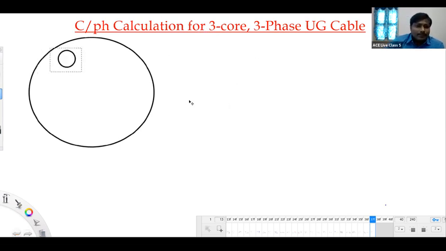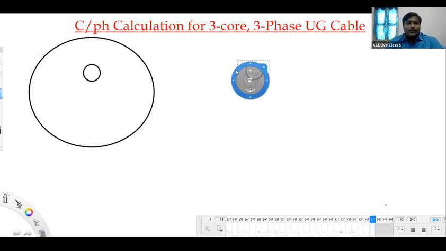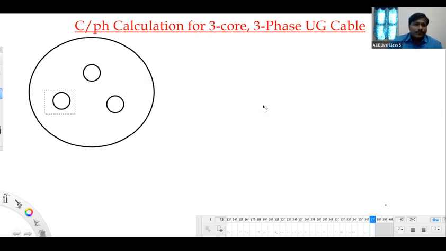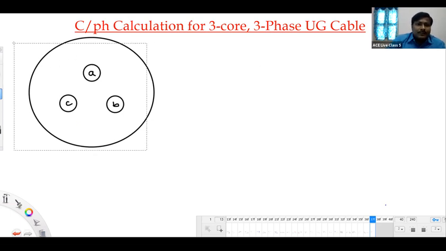This is conductor A, phase A. This is phase B, and phase C I am showing now. These A, B, C conductors operate at certain voltages: A phase at an angle 0, B phase at an angle minus 120, C phase at an angle plus 120.